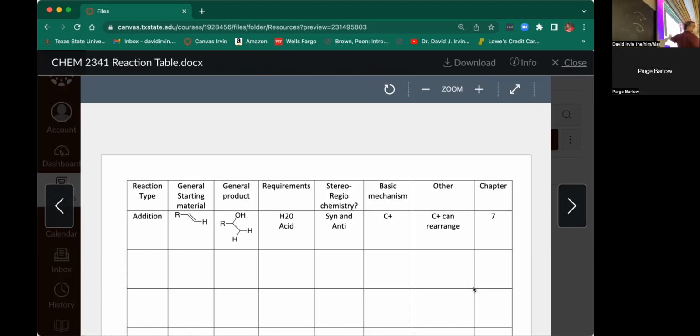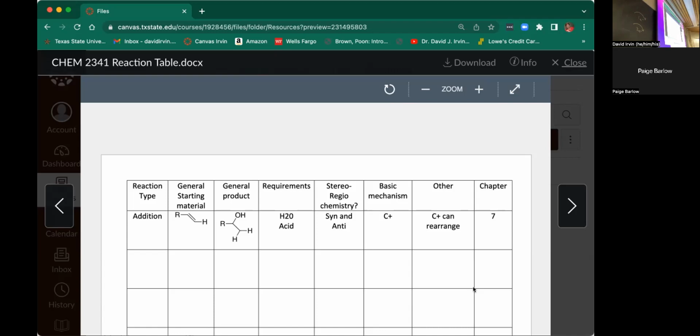So you're going to have SN1, SN2, E1, E2, plus catalytic hydrogenation, poison catalytic hydrogenation, dissolving metal reduction, dehydrohalogenation, and dehydration. All of those are going to be in here. So we have elimination reactions, which are the dehydrohalogenation, E1, E2, and then the dehydration, acid catalyzed, base mediated, etc.